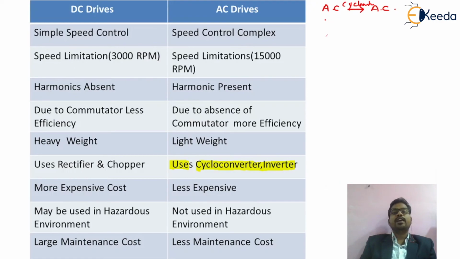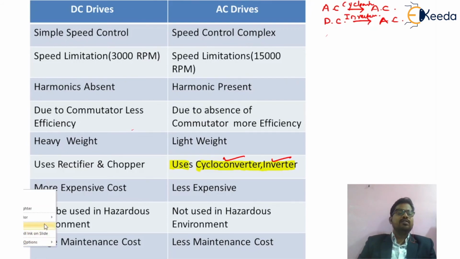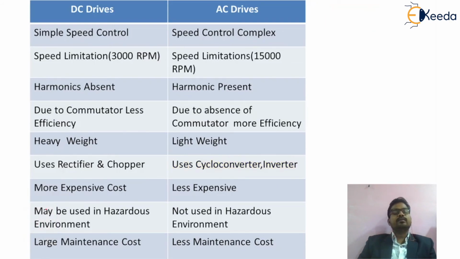But if we have a DC supply voltage and our motor is AC, then we use the power modulator called the inverter. So these are the different power modulators we use for AC drives. This is a very important parameter or status of DC and AC drives.